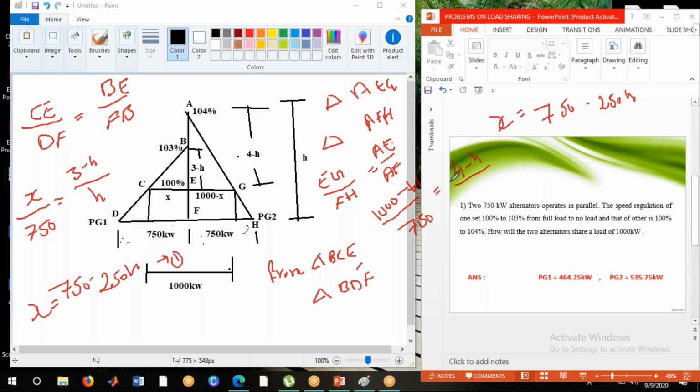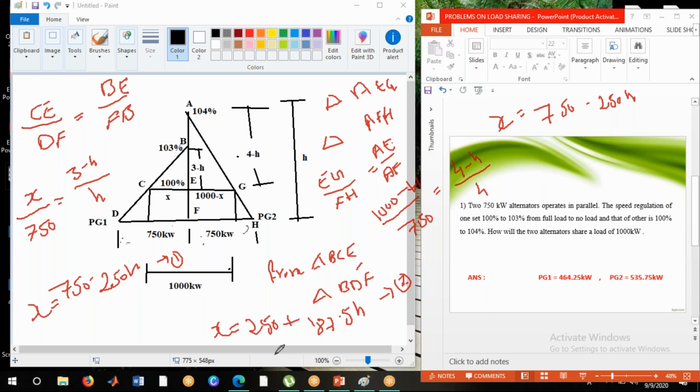What is the value of AF? 4 minus H plus H, total distance is 4. Now simplify this equation: 1000 minus H divided by 750 equals 4 minus H divided by 4. After simplification, you will get X equals 250 plus 187.5H. So this is equation 2.